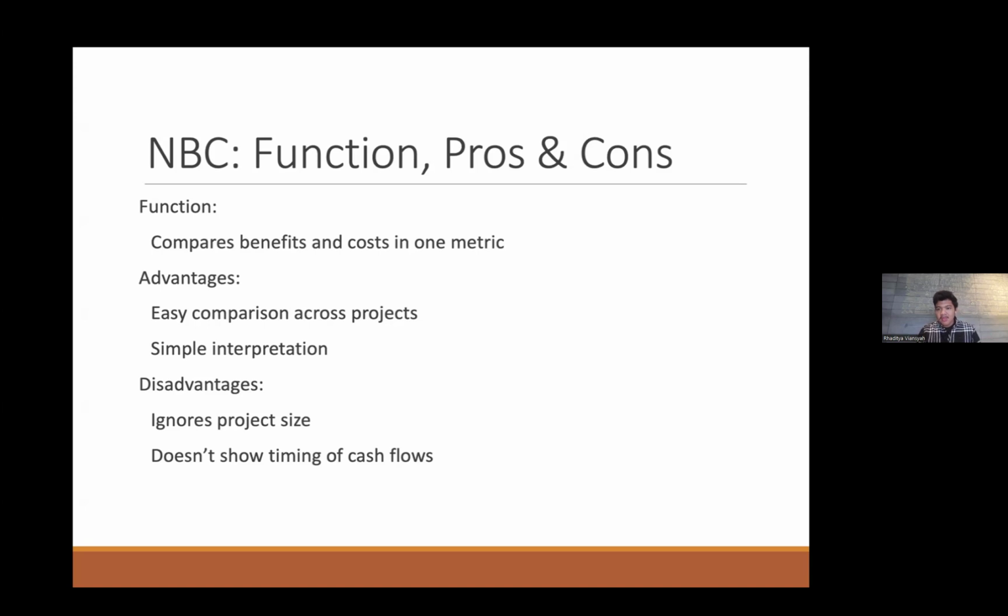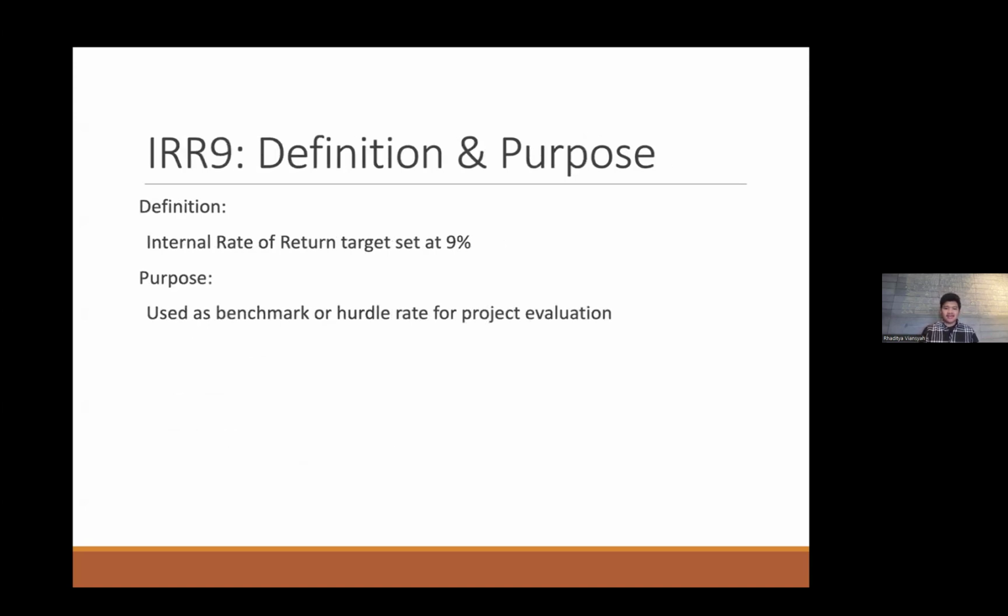Okay, next, IRR 9. So what is the internal rate of return, with the target set at 9%? This is a specialized metric, usually for long-term infrastructure projects. It measures the discount rate at which the project's net present value, or NPV, is zero after 9 years, reflecting the performance of the key milestone or operational period.